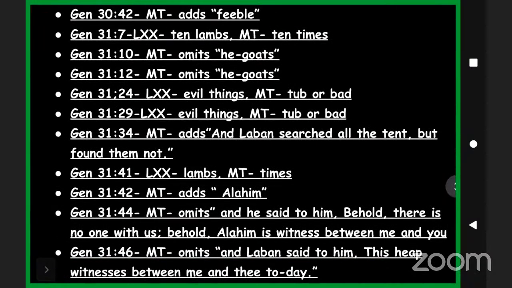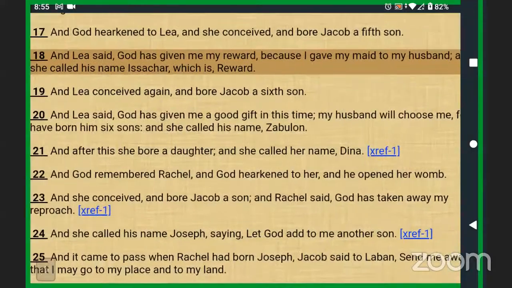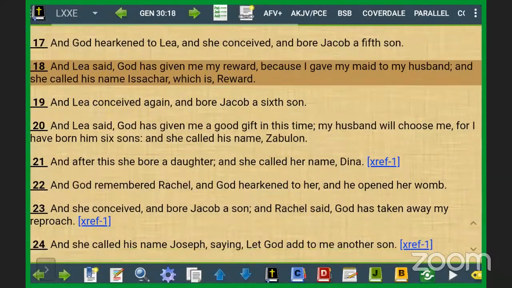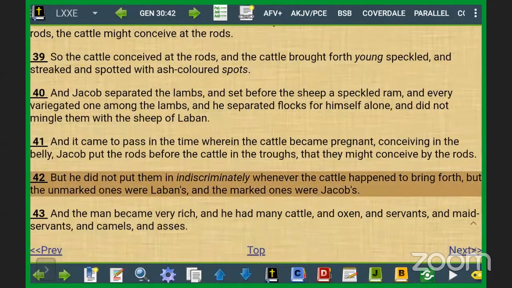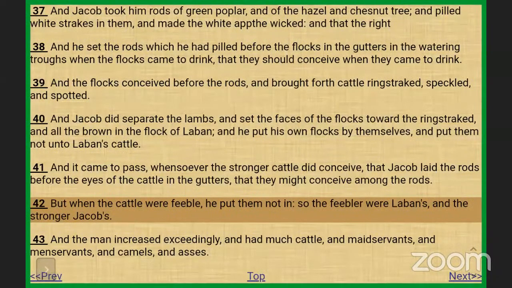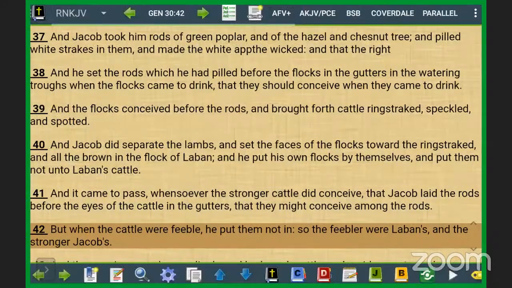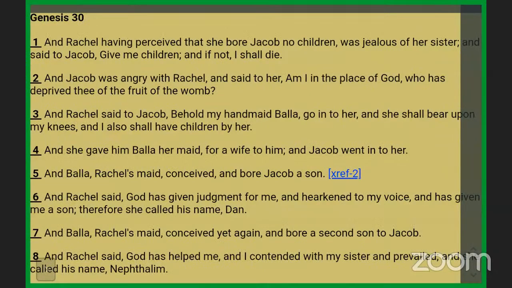Genesis 30, verse 42. Masoretic text adds "feeble." So let's see why they would feel the need to add that there. Let's look at the Masoretic first: "But when the cattle were feeble, he put them not in. So the feebler were Laban's and the stronger Jacob's." Let's see if that word is actually necessary in the verse.